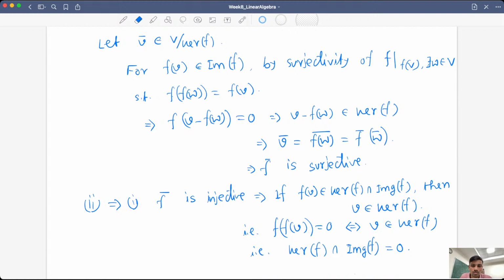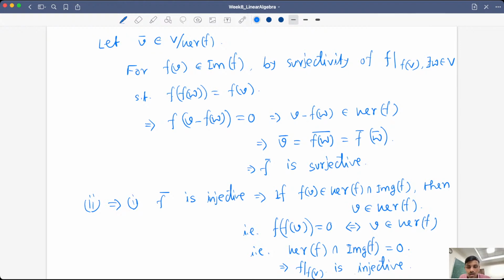Clear? So this precisely implies that this is equal to 0. So this means that f restricted to f(V) is injective. Is this clear? So just pick an element w belonging to the kernel of f intersection the image of f. As w belongs to the image of f, there exists some v such that f(v) equals w.